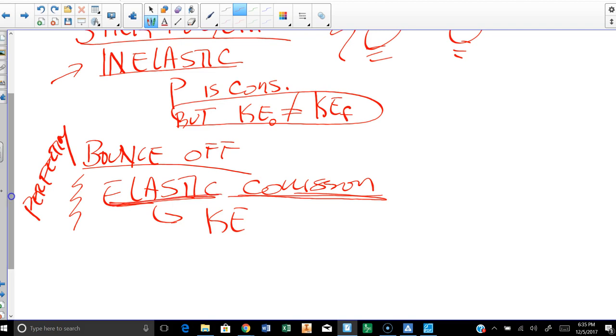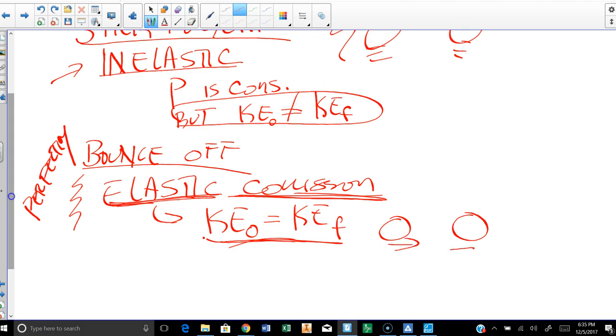So if a problem says it's an elastic collision, or two objects collide elastically, the kinetic energy at the beginning will be equal to the kinetic energy at the end. That's good, because it means we have more information we might be able to use. The objects could be moving in any number of different ways, by the way. One could be moving this way, the other toward it.